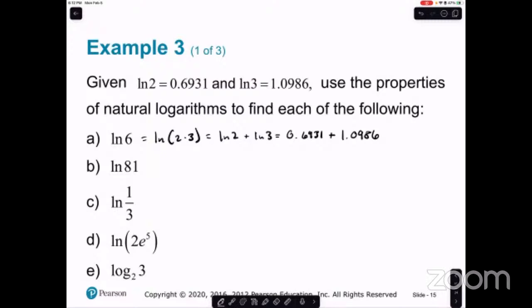Let's see, 7, 1, carry the 1, 10, 19, carry the 1, 7, 1. I think that's right. I'm going to go with it.